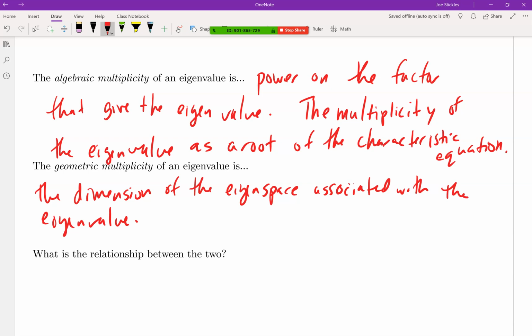That's geometric multiplicity. Or, said a little bit more plainly, it's the number of free variables in the reduced row echelon form when you plug in the eigenvalue.